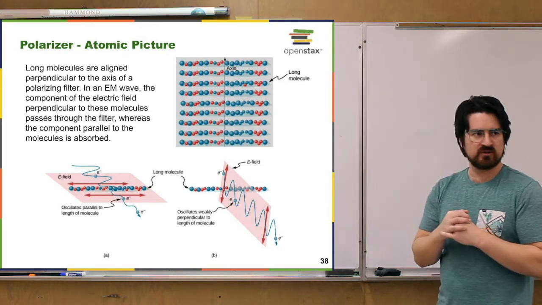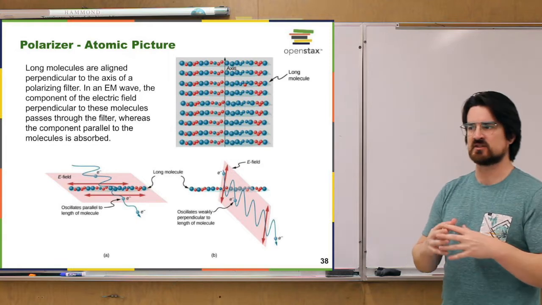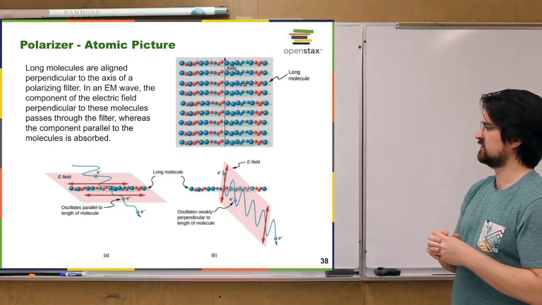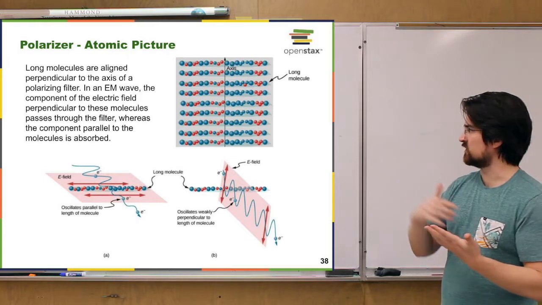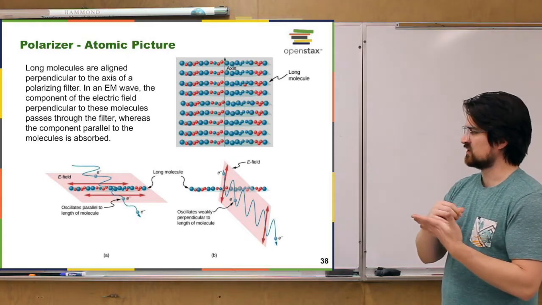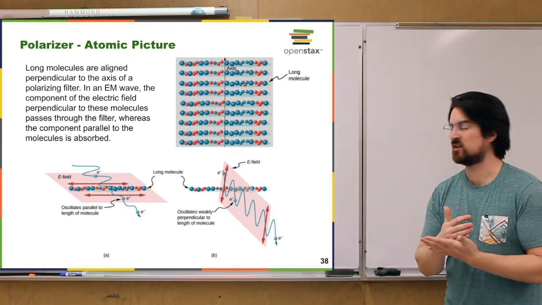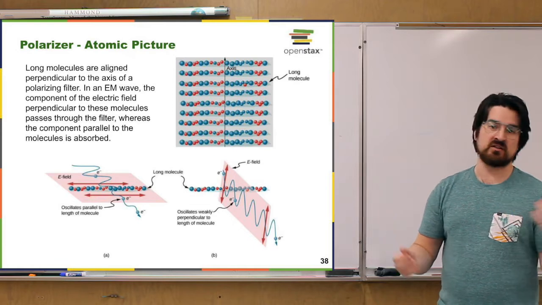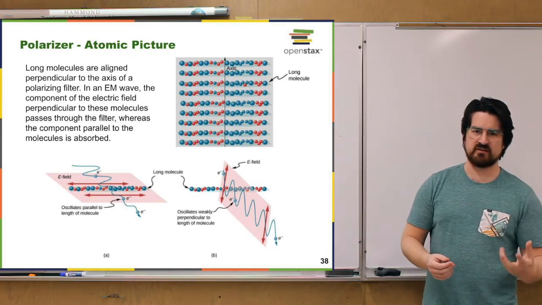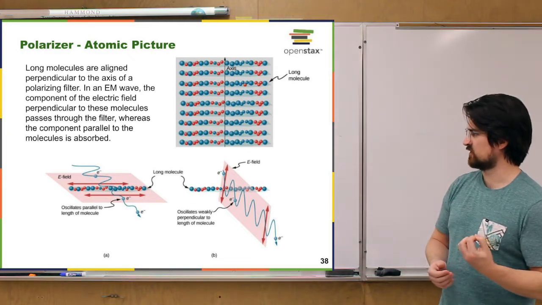As I mentioned before, we're mostly just going to think about the electric field, because that's much larger than the magnetic field. And when we're talking about its interaction with these molecules, the thing it's going to mostly interact with and cause the most effect on are the electrons in these molecules, just because the electrons are so much lighter than the protons and the neutrons in the nucleus of the atoms that make up the molecule.